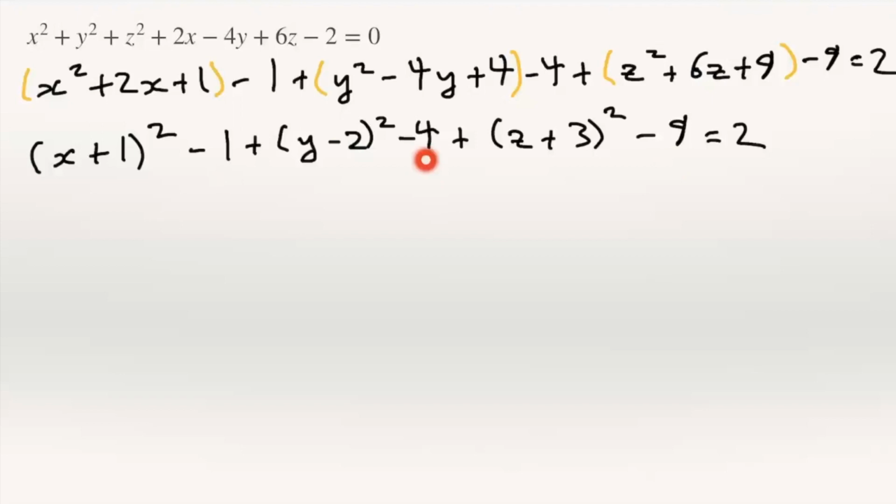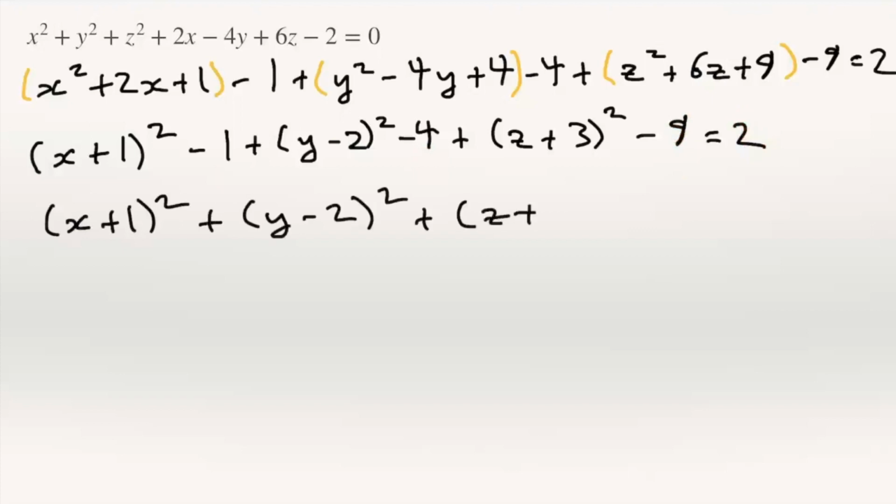So minus 1 minus 4 is negative 5, minus 9 is negative 14, and we add 14 to both sides, and we have equals 16. So now we have x plus 1 squared plus y minus 2 squared plus z plus 3 squared is equal to 16.